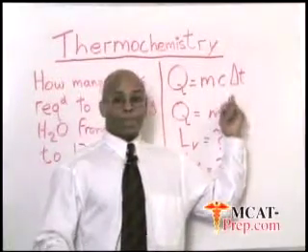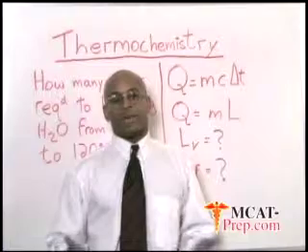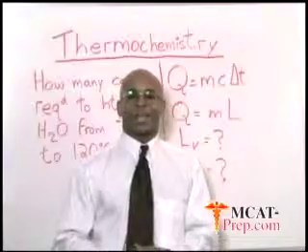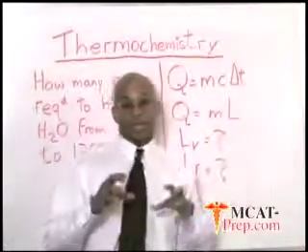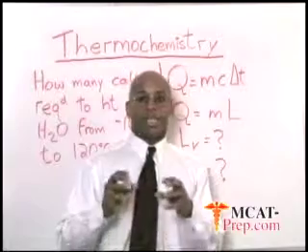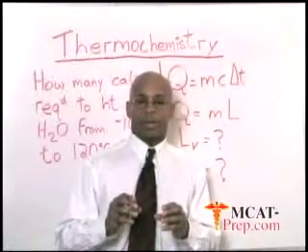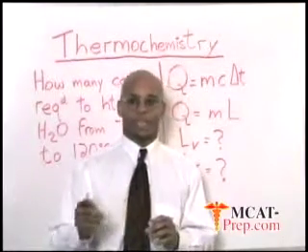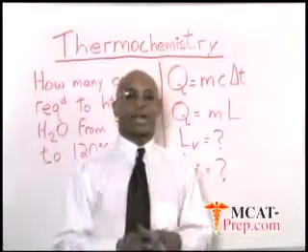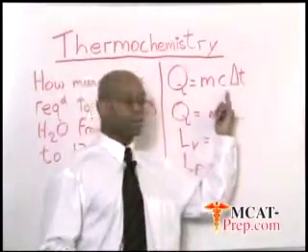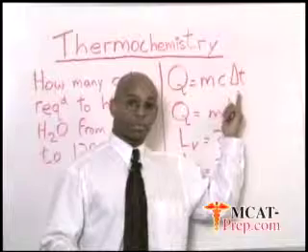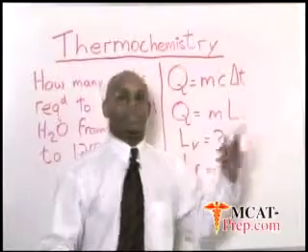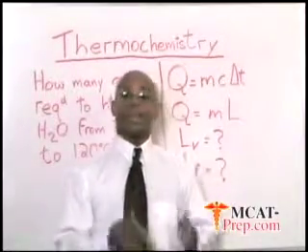But the specific heat C for liquid water being 1 makes sense because the definition of a calorie is the energy required in order to heat up 1 gram of water 1 degree Celsius. So the idea that specific heat would end up being equal to 1 calorie per gram per degree Celsius is no surprise.